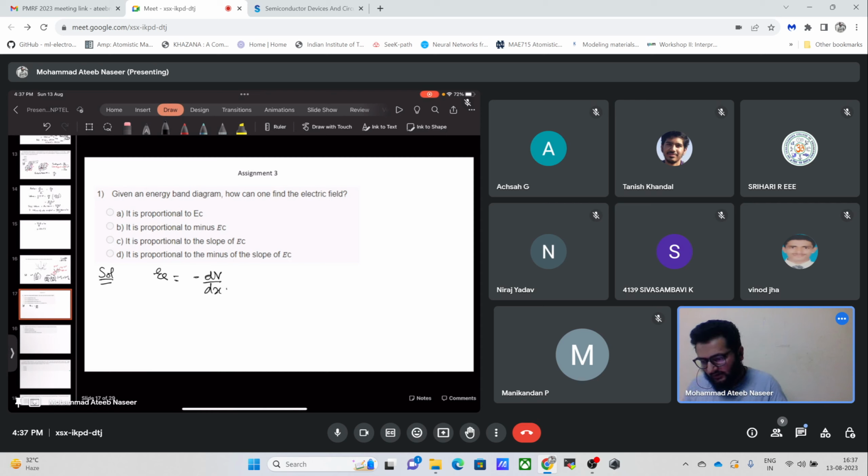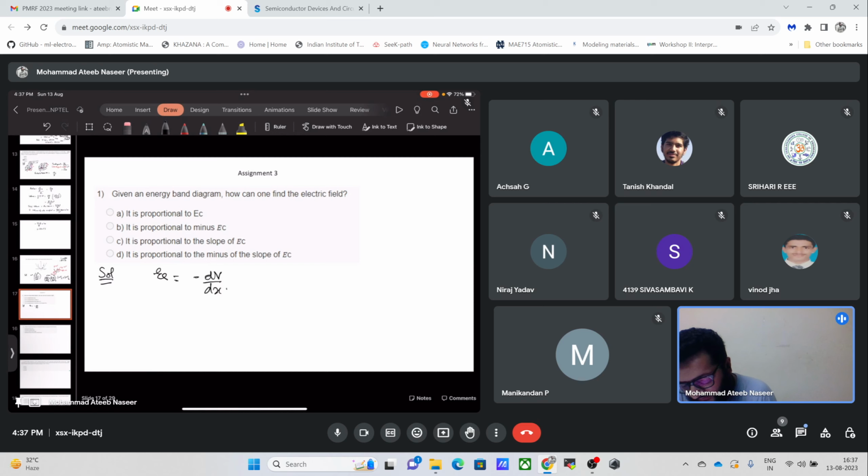Now, this energy band diagram is basically the representation of how the energy levels of these electrons are present in the material, how the electron energy profile looks inside the material. It is just the representation in the direct lattice, you can say in the direct space.